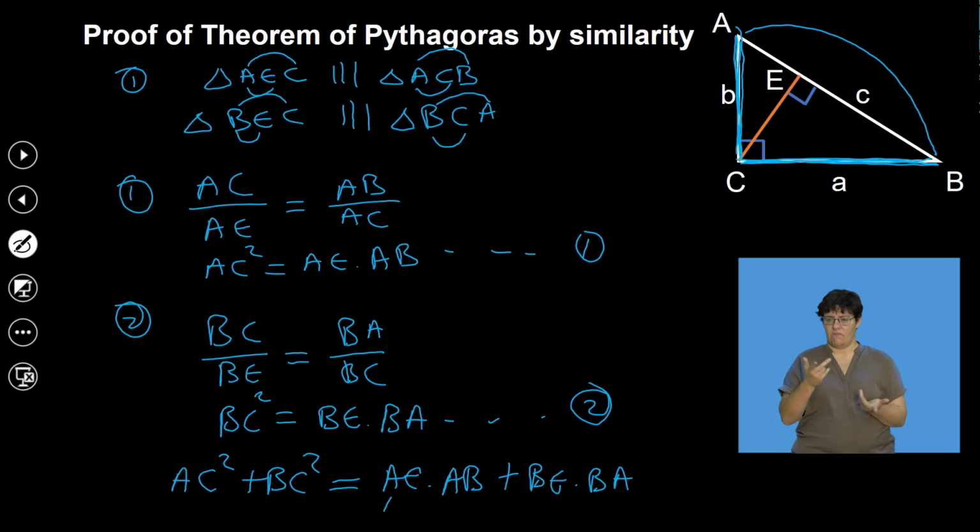I can take it out as a common factor. So that's AB into AE multiplied, BE. If I add my AE and BE, it will give me the whole of AB.